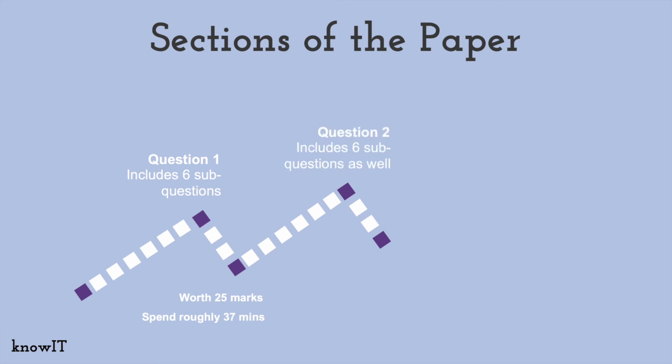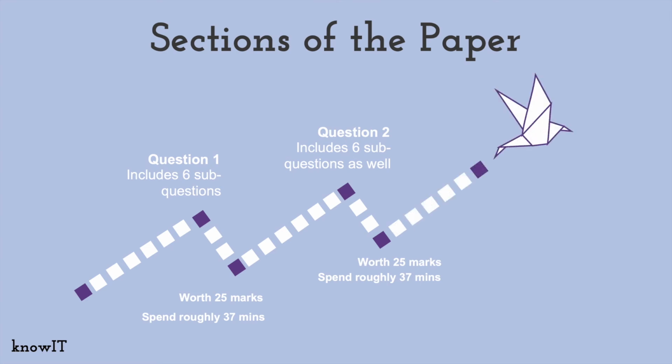Next, there's question 2, which also includes 6 sub-questions, and also consists of 25 marks, and you have to spend 37 minutes on this section as well. So in total, this will add up to 75 minutes, which is how much time you get to spend on this paper. So 37 minutes on the first question and 37 minutes on the second one as well, and in total, if you do it right, you'll get 50 marks.